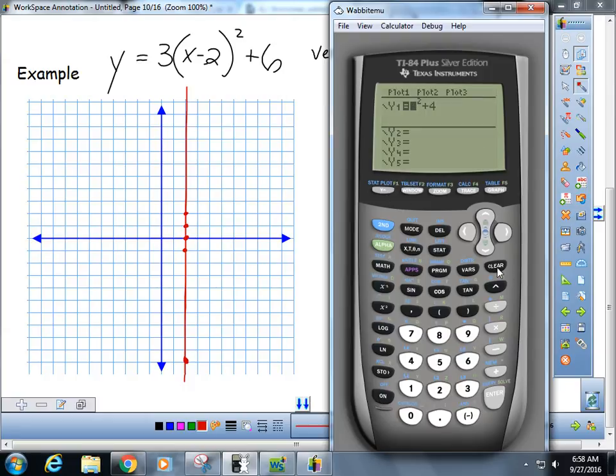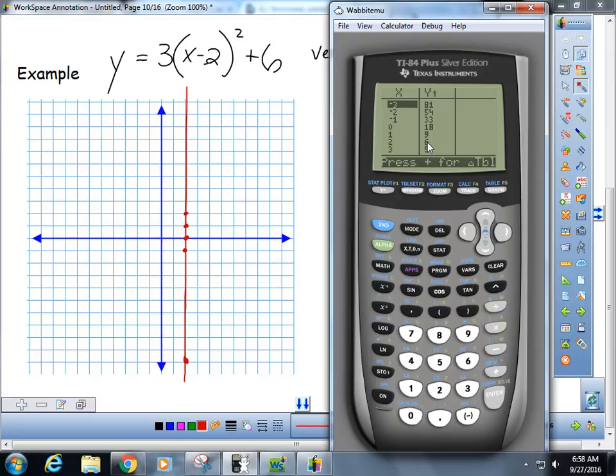So you get y equals 3 times parentheses x minus 2 squared plus 6. Graph it. Okay, now let's look at my table.